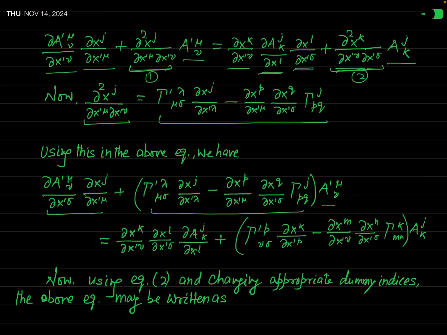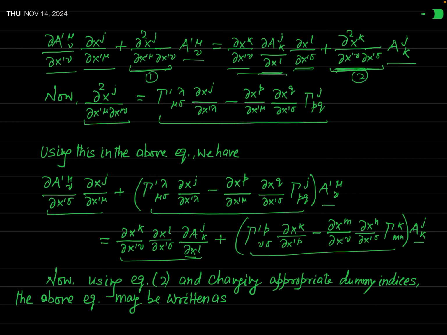The first term in RHS has been written identically in a similar manner, only del ajk by del xl has been written at the last. Again, instead of the second order partial derivative, that is del square xk by del x prime nu del x prime sigma, you can now write this expression in terms of the Christoffel symbols of the second kind, and ajk is as it is.